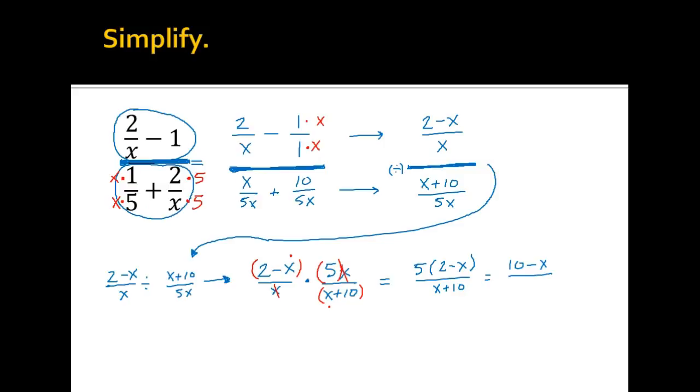Horrible job of distributing there. Try that again. 5 times 2 is 10, and 5 times negative x is negative 5x. And then x plus 10 in the denominator. If you want to, you can say 10 plus x, just because it looks cooler.